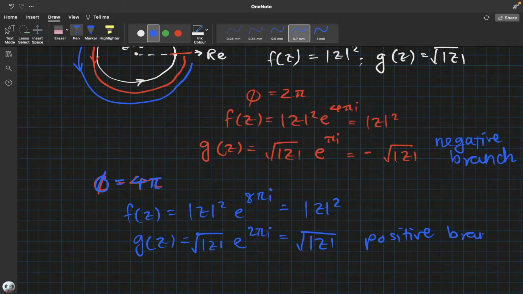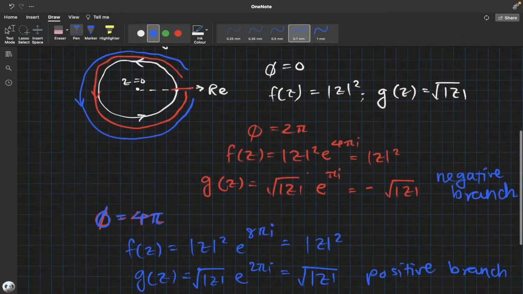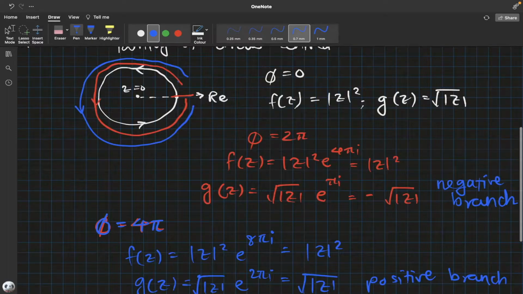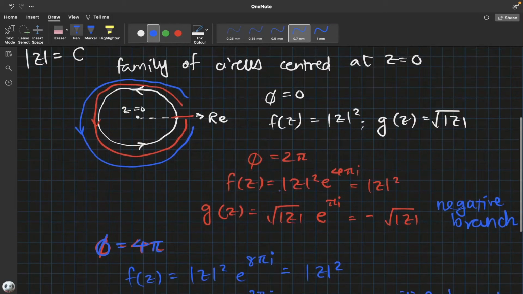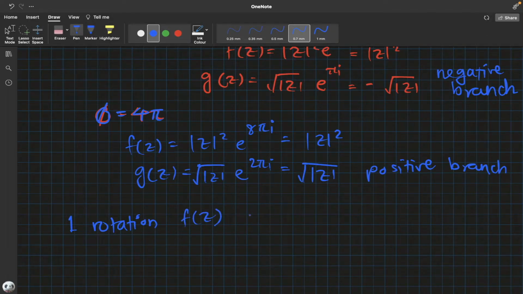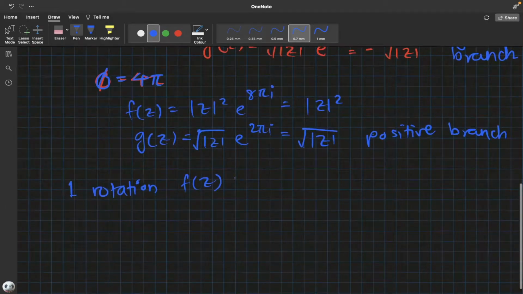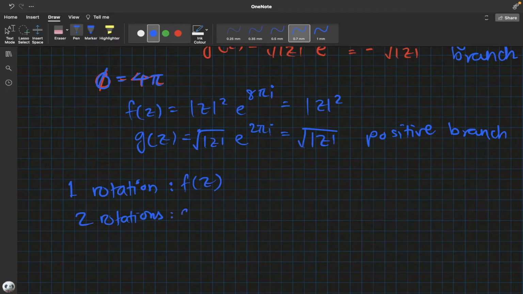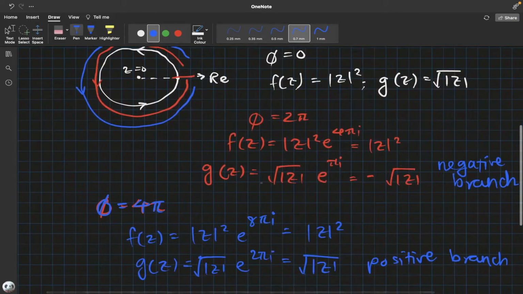And this is the branch we started with at phi equals 0. So what that says is you need 2 rotations to get back to the initial value, where for f of z you need 1. So let me just write that down. So 1 rotation, and then f of z is sort of, you come back to whatever you had, but you need 2 rotations for g of z to come back. If you do 1 rotation, you end up with some different branch.